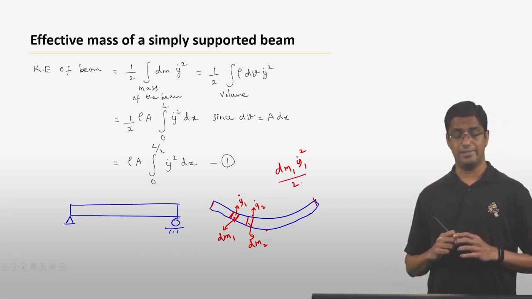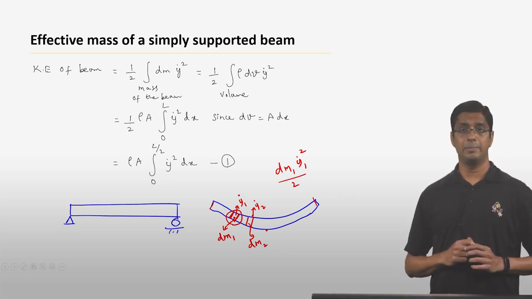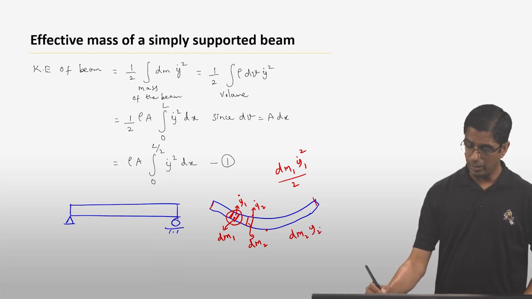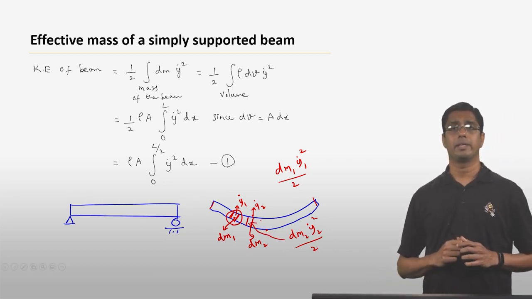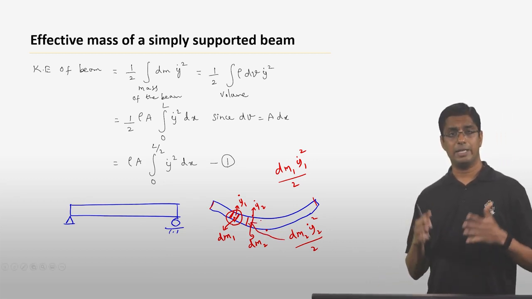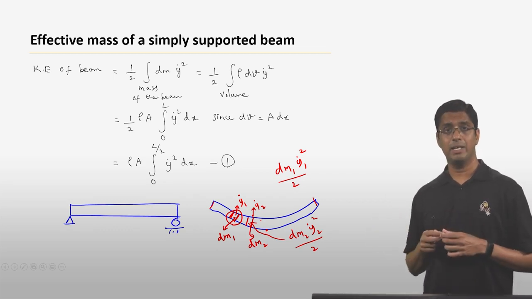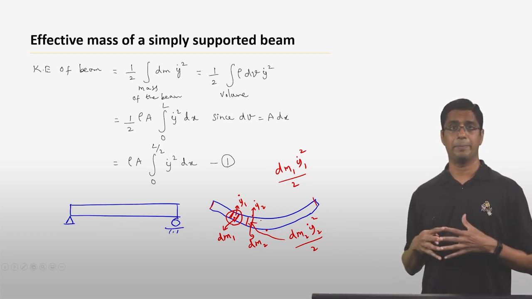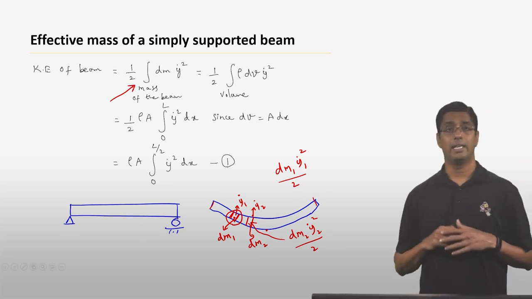That is the kinetic energy of this small mass dm1. Similarly, dm2 times y2 dot squared divided by 2 is the kinetic energy of this small mass dm2. Now what I can do is do this for every infinitesimally small mass inside the beam, add them all up, and that is going to be my total kinetic energy of the beam. So that essentially is what this expression represents.